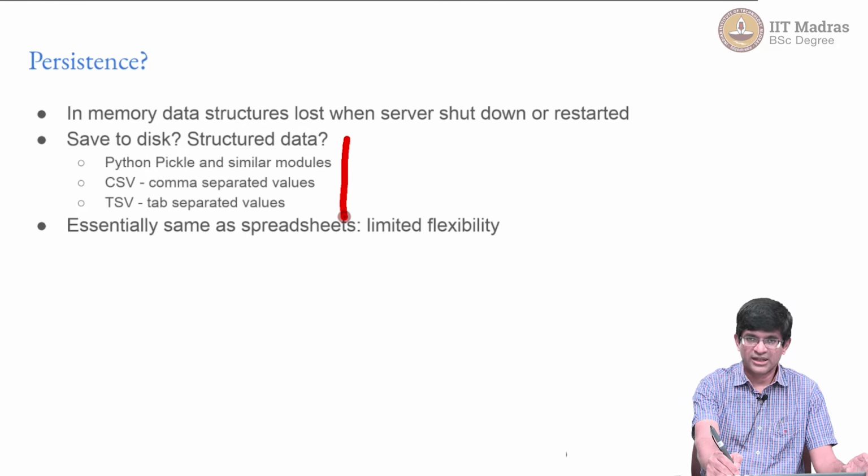Other formats that are actually very common for storing tabular data, after all over here we are looking at tabular data, are the so-called CSV and TSV, right? The comma separated and tab separated value files. Both of these are file formats which are sufficiently well defined that you can use them for storing significant amounts of useful data, okay?